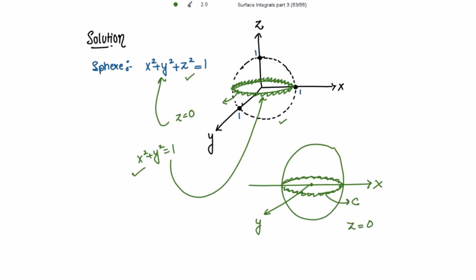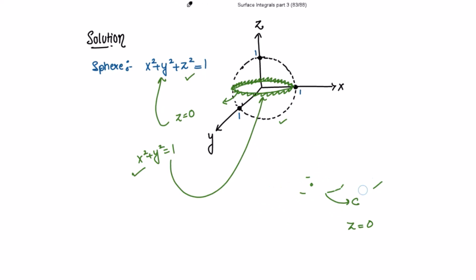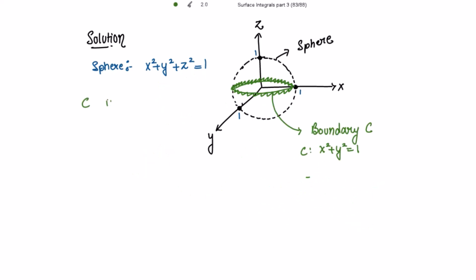I hope it's very clear now. Okay, let's write this. C is the unit circle, which we get by putting z equal to 0 in the equation of this sphere. So this is the equation of the circle for z equal to 0.